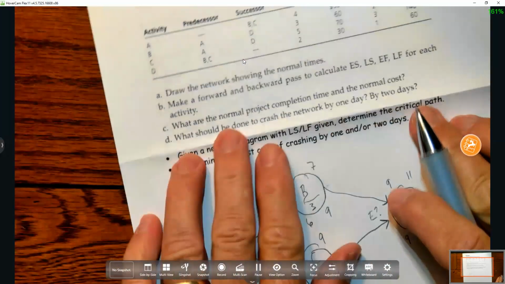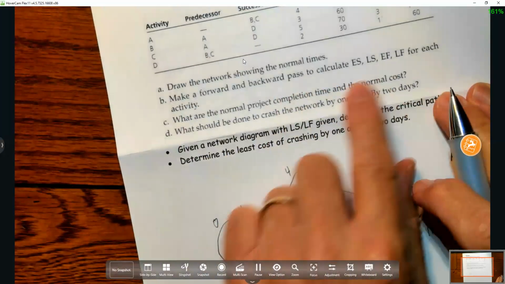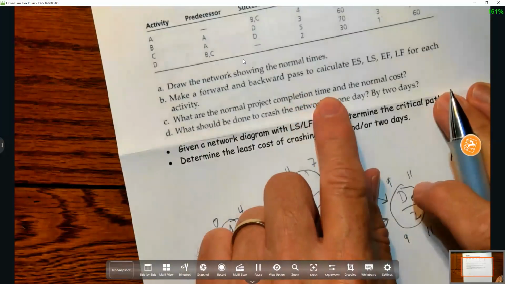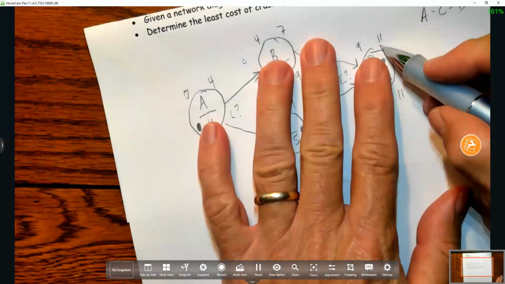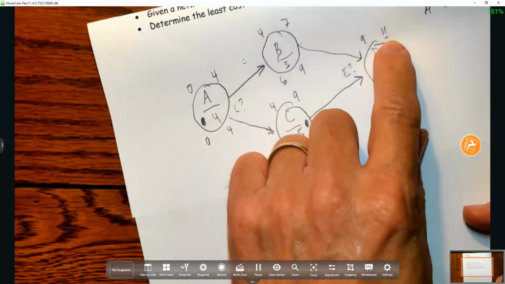Let me see if I have any other things I haven't addressed yet. It says, make a forward and backward pass. What are the normal project completion time and the normal cost? The normal project completion time is 11 days. It's whatever that last number is.